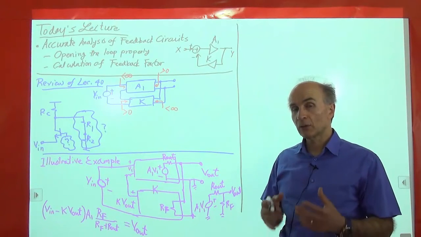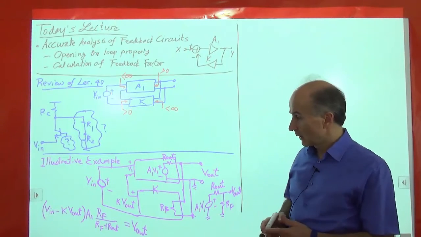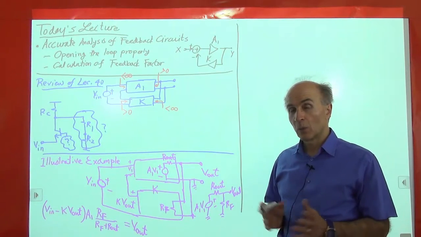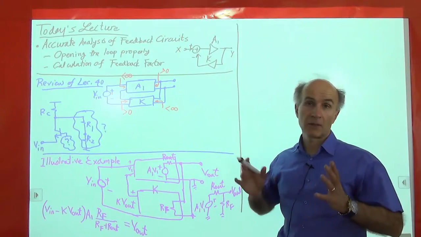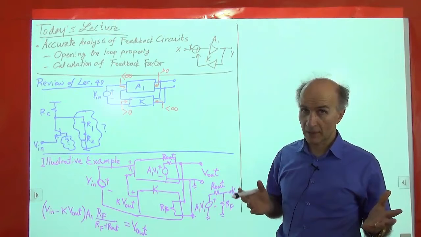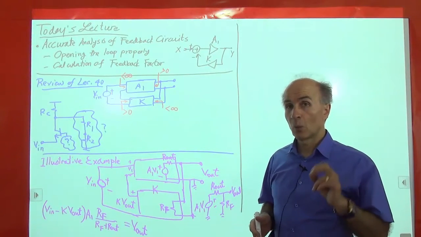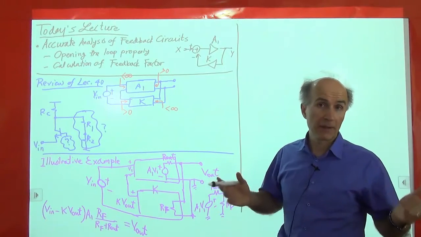Okay, so if V out over V in is no longer equal to A1 divided by 1 plus KA1, what should I say? Should I say this system does not satisfy negative feedback equations? That doesn't make much sense. It should, right? So instead, I say, well, the open loop gain is no longer A1. The open loop gain is some other number.